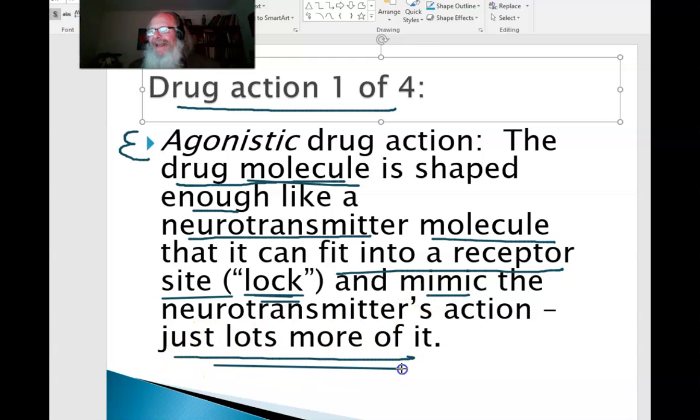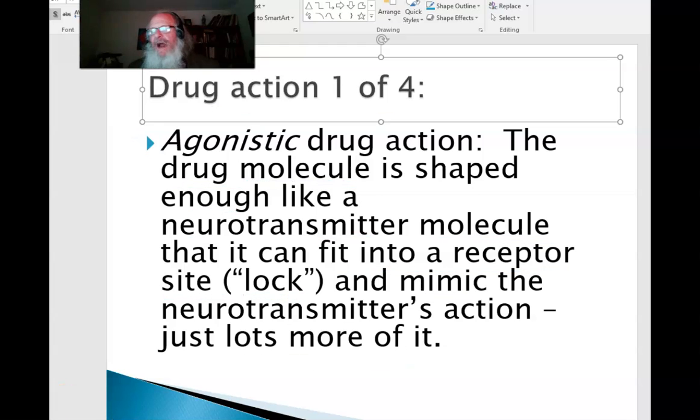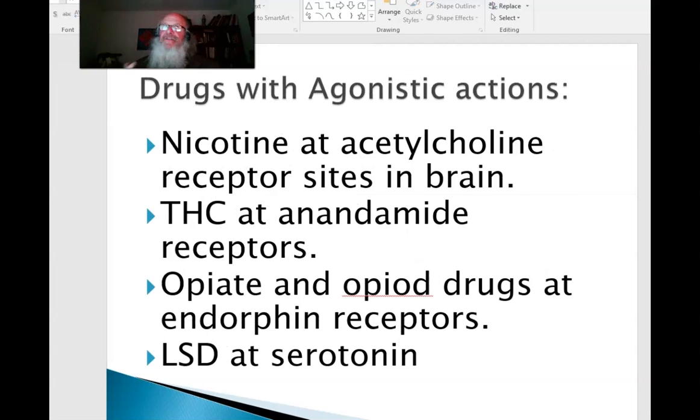It's just that there's a lot more of it compared to what our basic neurochemistry would produce without the interference of the drug molecule. So here are some examples of drugs with this. The drug molecule fits into the lock that's built for the neurotransmitter, the agonistic action.